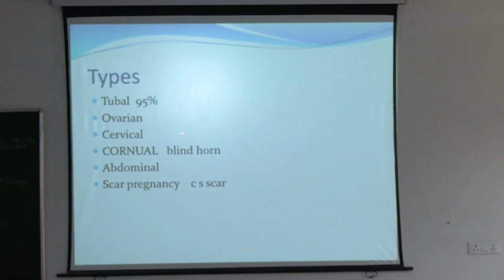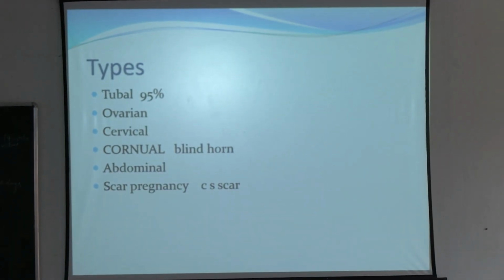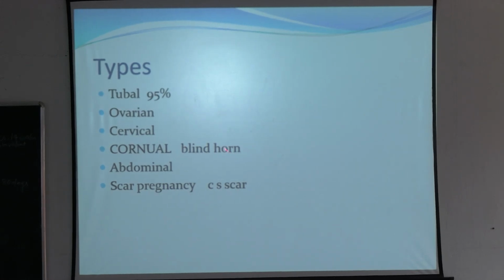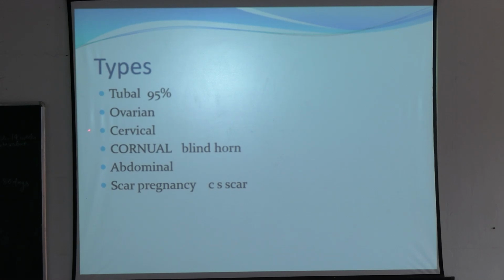So the ovum and the sperm go to the other side, fertilization occurs at the ampulla, and it is implanted into the blind horn, which has no communication with the uterine cavity. That is called cornual pregnancy.